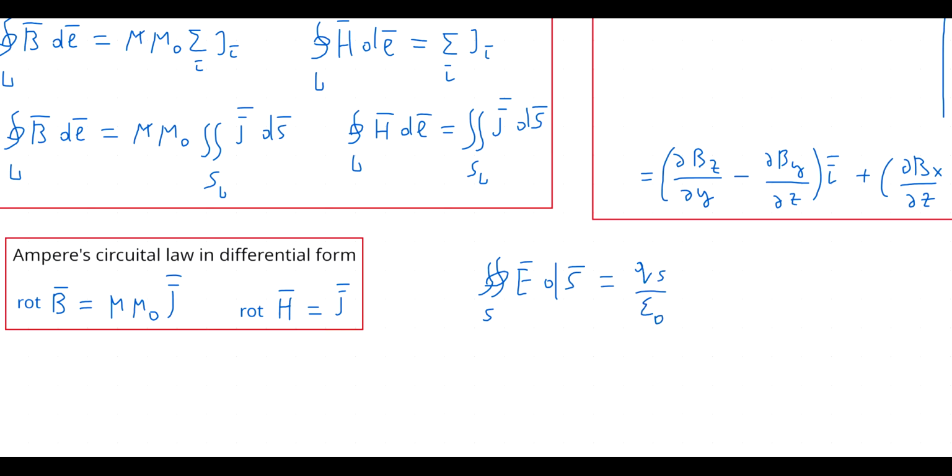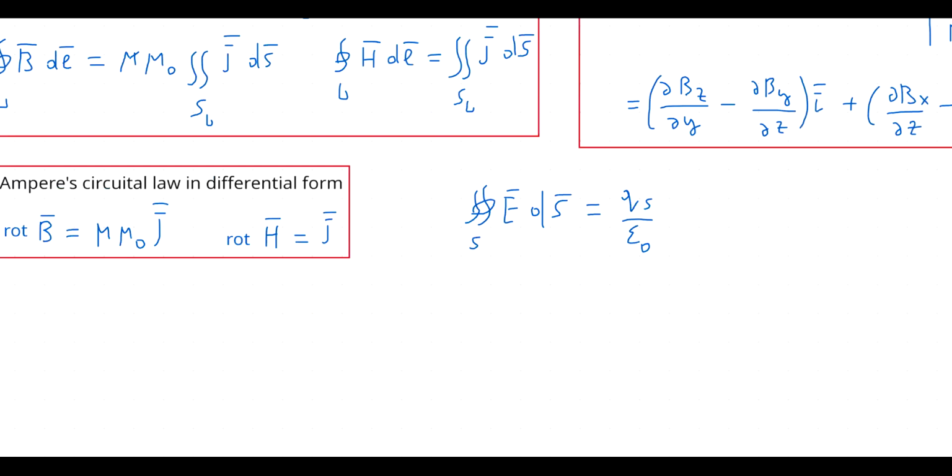What about the magnetic field? If we write this integral for the magnetic field, in the right side of this formula there must be the magnetic charge inside the closed surface S. But we have said before that there are no magnetic charges with just one pole, south or north.